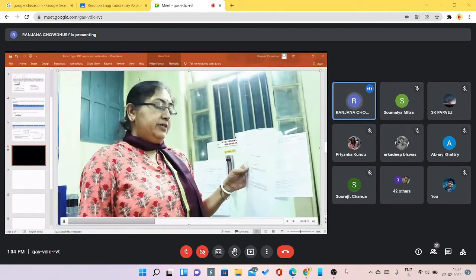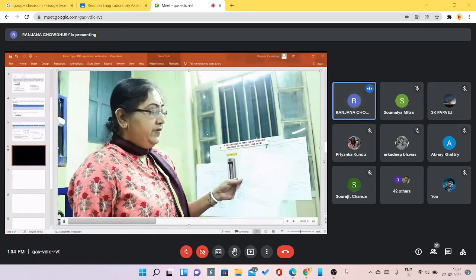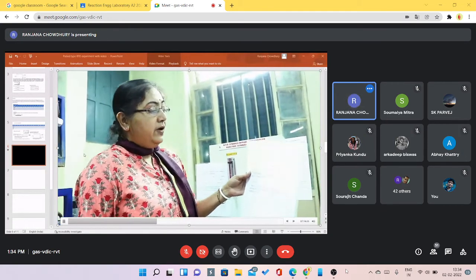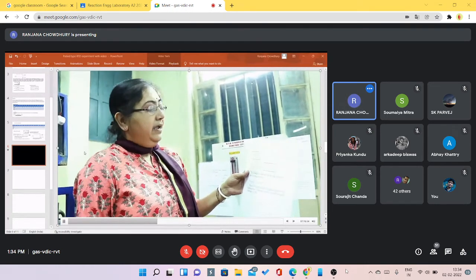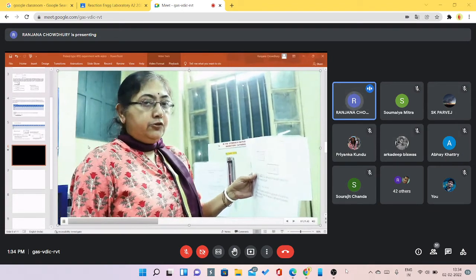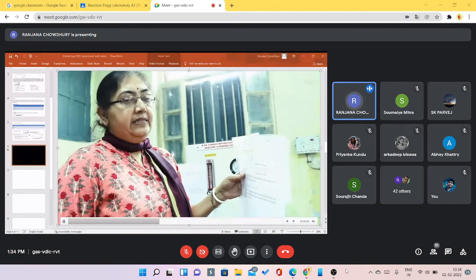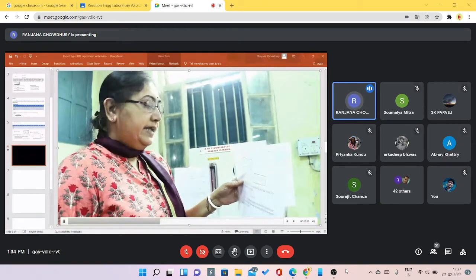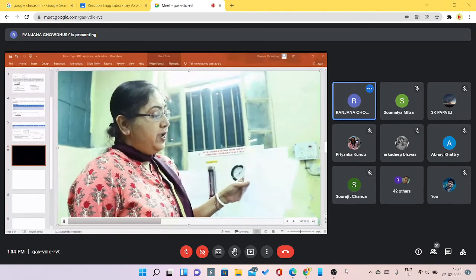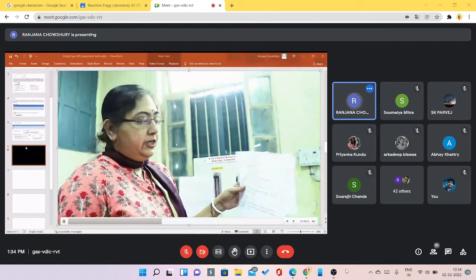One is the first moment, which is nothing but the mean time, t_m. And t_m is given by the integral of t E(t) dt divided by the integral of E(t) dt in the limit 0 to infinity. Now you know that the integral of E(t) dt in the limit 0 to infinity is nothing but 1. So it ultimately converges to the integral of t E(t) dt in the limit 0 to infinity.